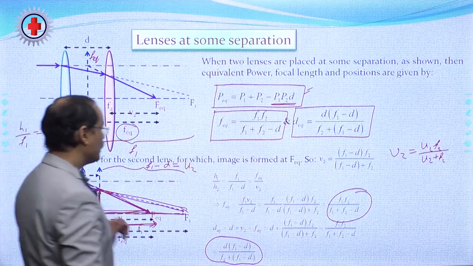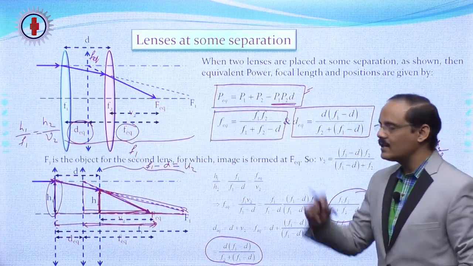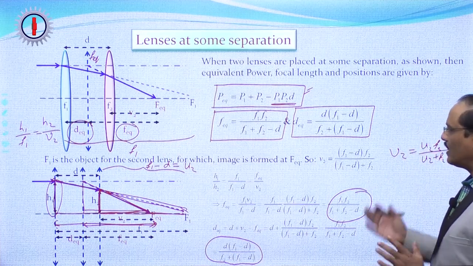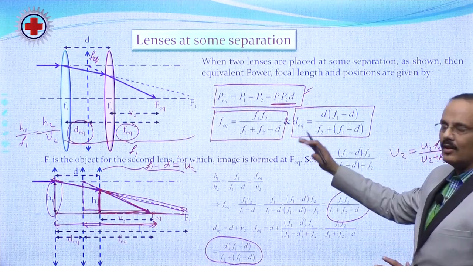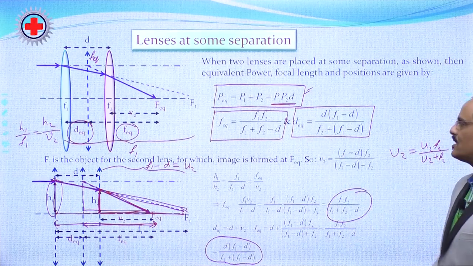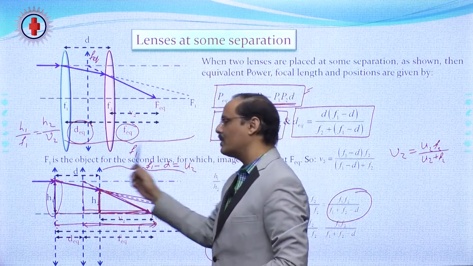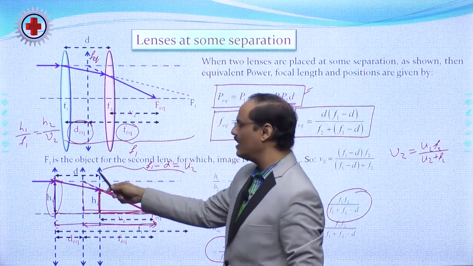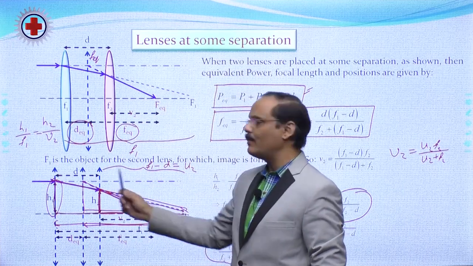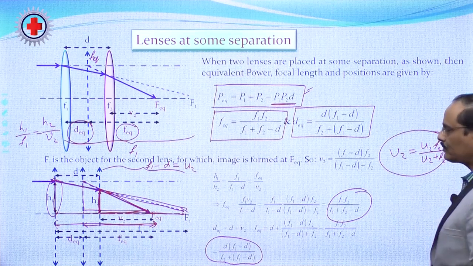Okay. So, that is our idea of lenses at some separation, but here in the question you will not be using this relation to find the image position. How will you get it? First you will get the image from the first lens, that will be the object for the second lens, and then you will further get the image position, that is, you need to calculate this particular value.